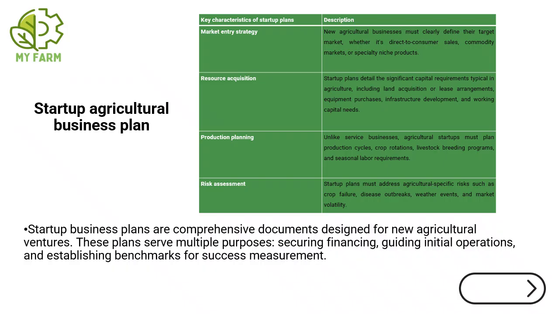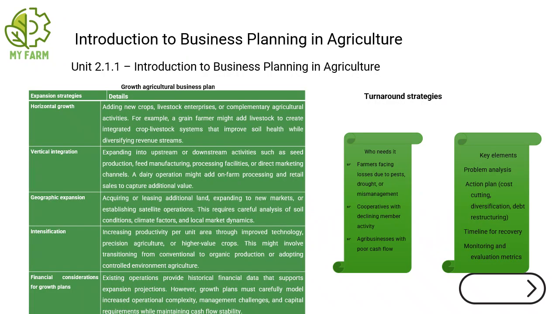Startup business plans are comprehensive documents designed for new agricultural ventures. These plans serve multiple purposes: securing financing, guiding initial operations, and establishing benchmarks for success measurement. Growth in agriculture can take many forms, and farmers often choose strategies that best match their resources, markets, and long-term goals.